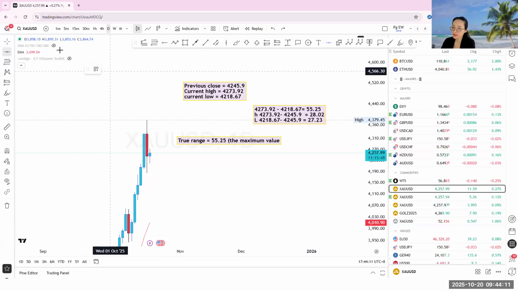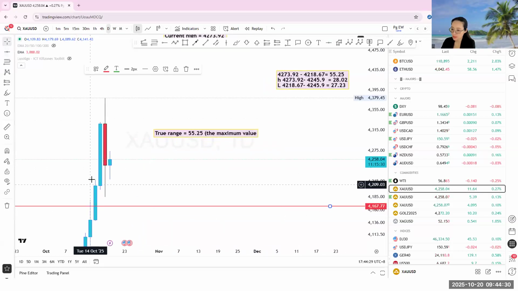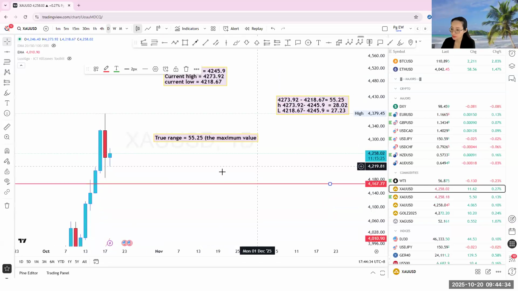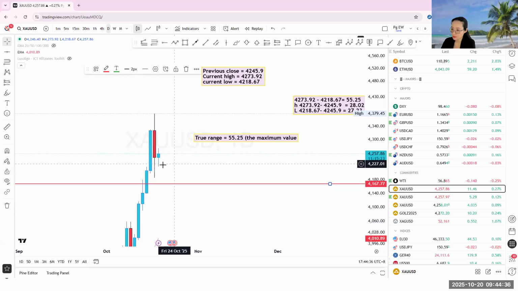The current high is here, 4273.92. The current low is 4218.67, which is here. You can use the mouse circle tool to measure, and it will calculate for you.